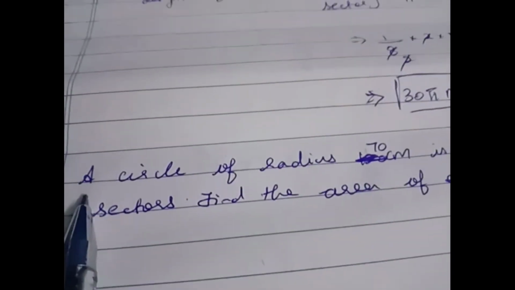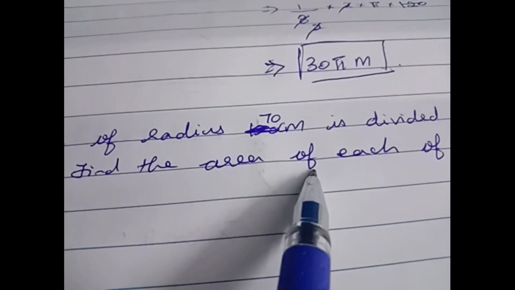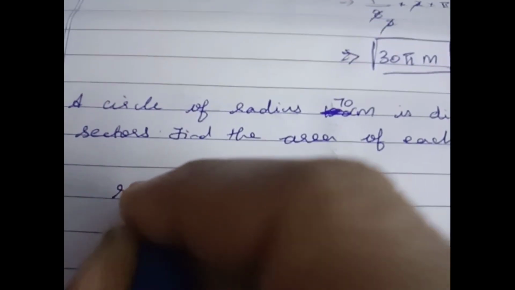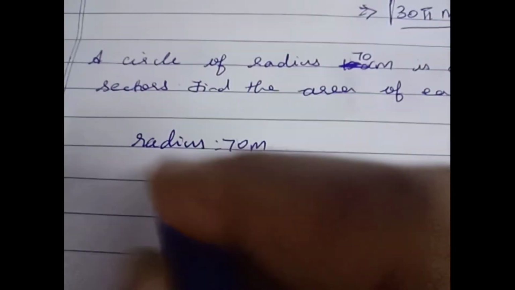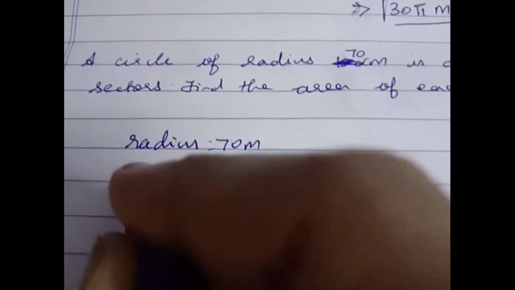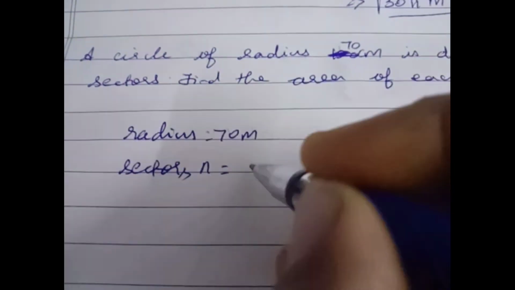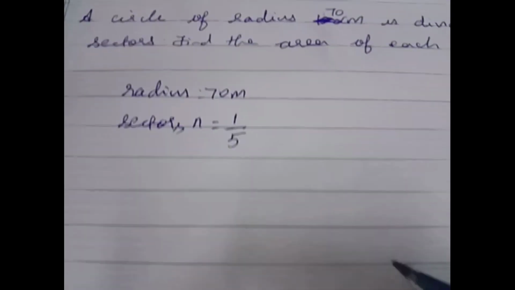Now the 8th question is, a circle of radius 70 meter is divided into 5 equal sectors. Find the area of each of the sectors. Now they are given the radius value 70 meter and sector n is equal to 1 by 5.